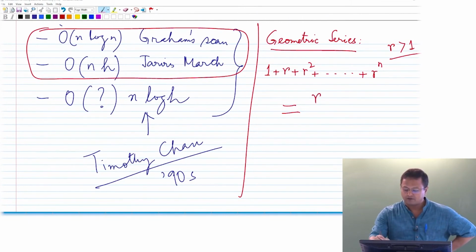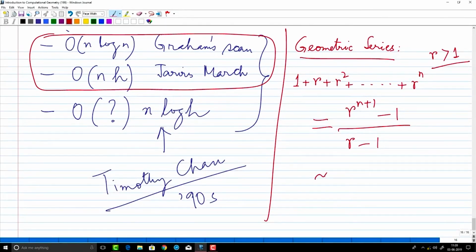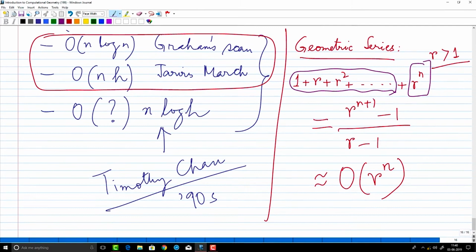R to the power of n, agreed. Now, if you are interested in the asymptotics, this is of the order of r to the power of n, right. This has an interesting story. It is telling you that if you are looking at the asymptotics of a geometric series, it is the last term that dominates the previous sum, right.